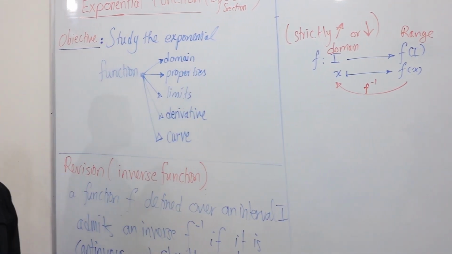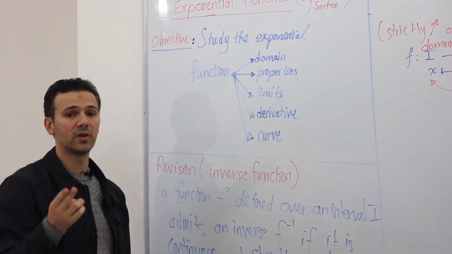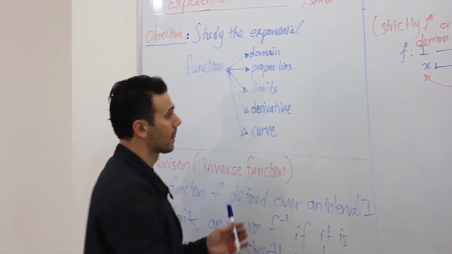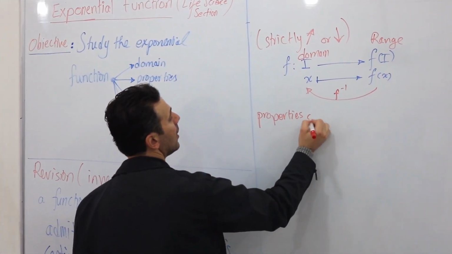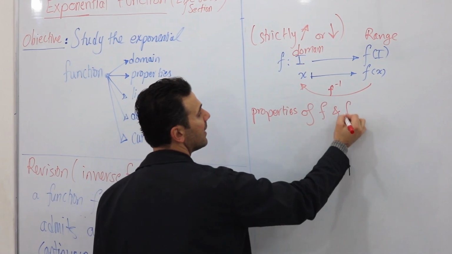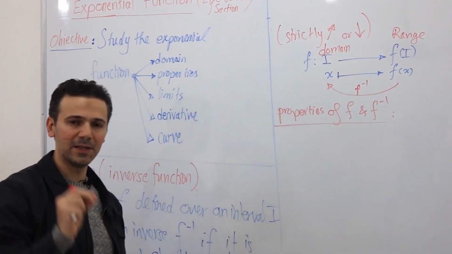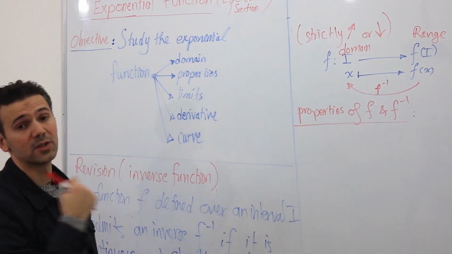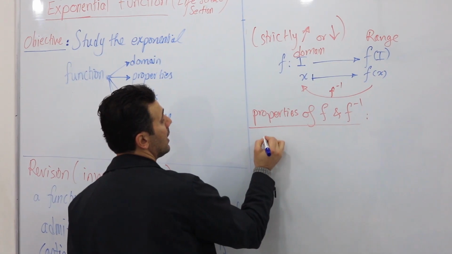Okay, let's talk now about the common properties of these two functions, a function and its inverse. Properties of f and f inverse, which are very important to understand deeply the exponential function, which we will learn in this video.